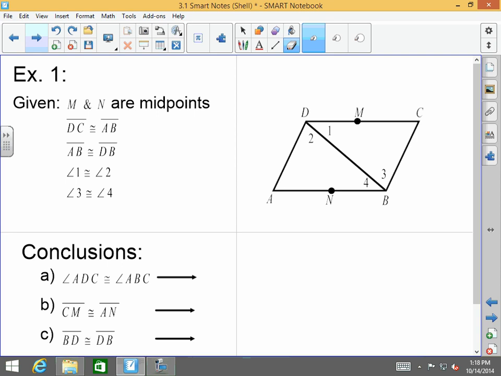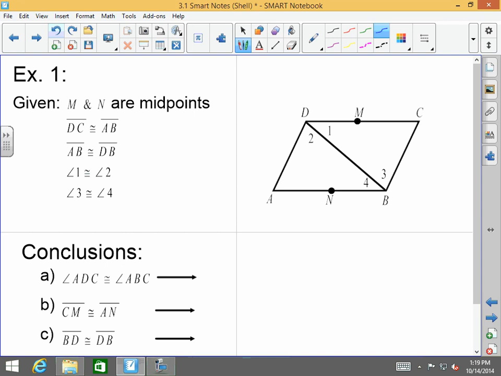If I tell you that M and N are midpoints, that means DM is congruent to MC. But I also tell you that DC is congruent to AB. Actually, let me not get ahead of myself, because I'm giving you too many answers.